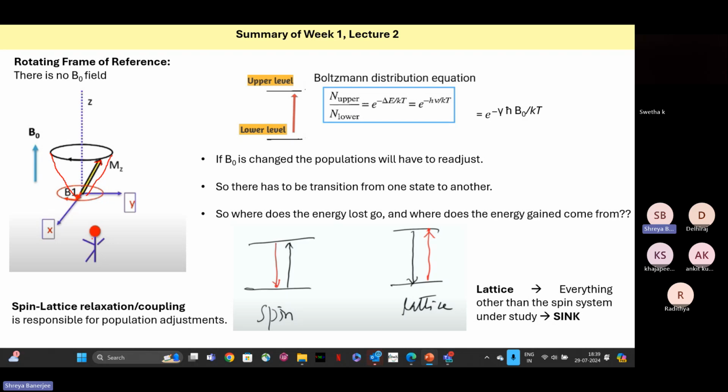Now, suppose your observer is sitting along this red circle that is shown here, and the red circle has the same frequency as this Larmor precession angular momentum vector. So the observer will think that there is no motion because the observer is sitting in the red circle.